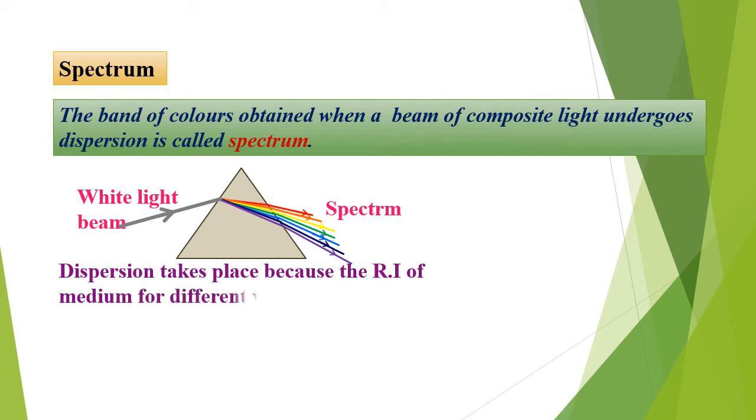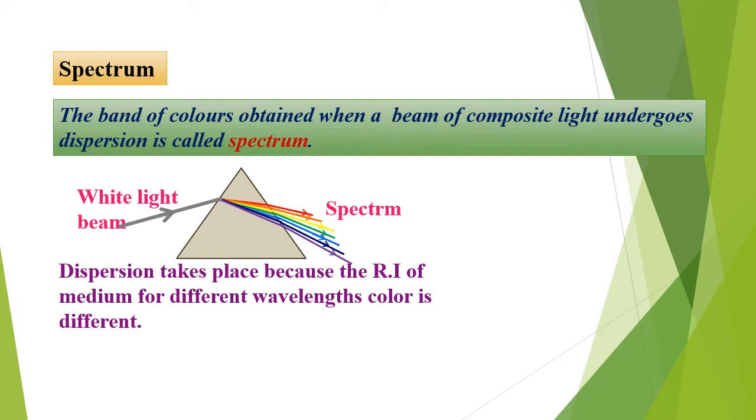Dispersion takes place because the refractive index of a medium is different for different wavelengths. We know that in the electromagnetic spectrum, in the visible region from red to violet, red has the maximum wavelength and violet has the minimum wavelength. Refractive index is inversely proportional to wavelength, meaning for red the refractive index of the medium is less, therefore the bending capacity for red is less.